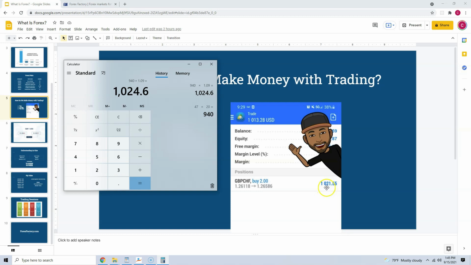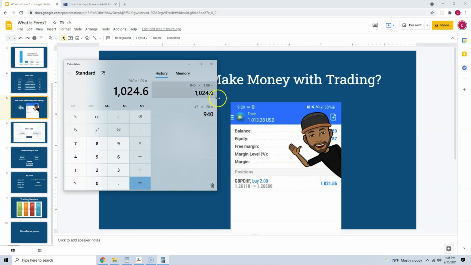The difference between this number saying 1021 and this number saying 1013 is my spread. Remember the spread that we had to pay in the beginning? That is just the difference here. So my spread on this particular trade was approximately like $8 or something like that.